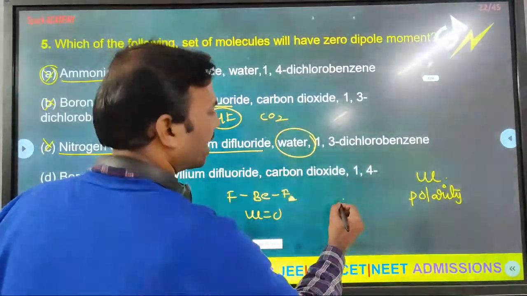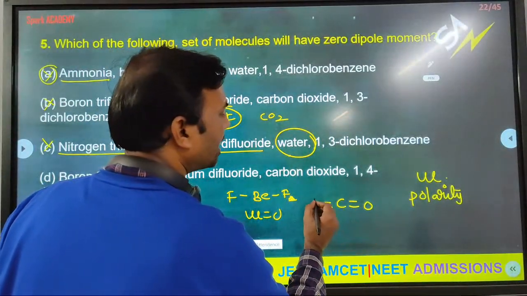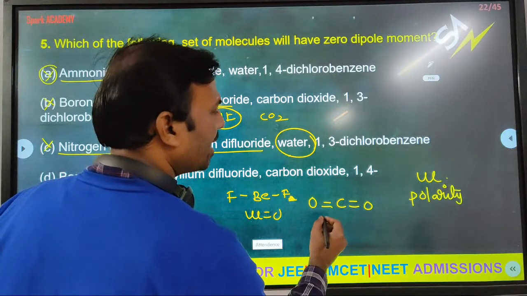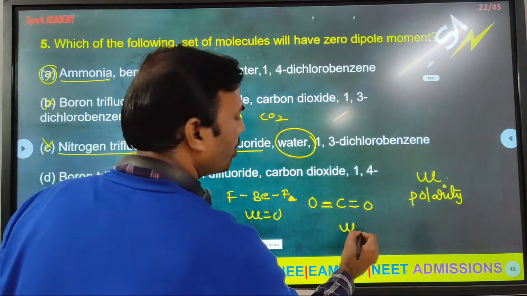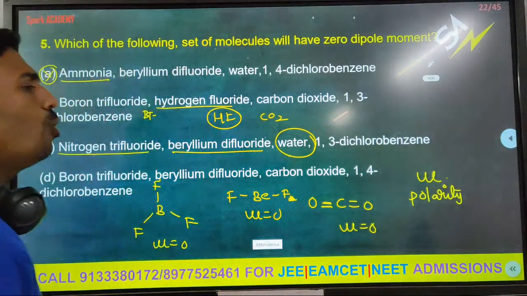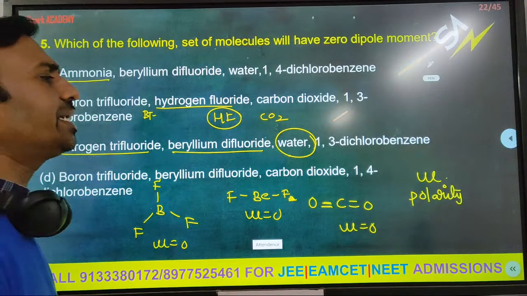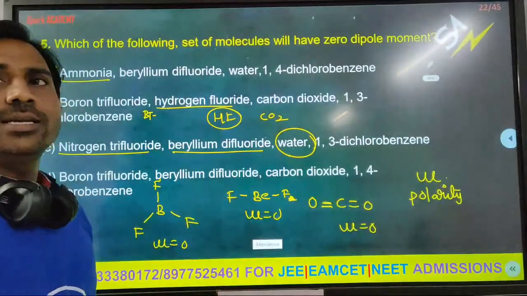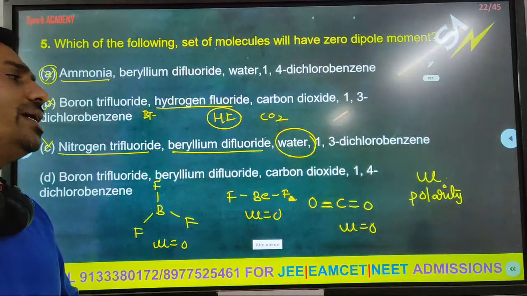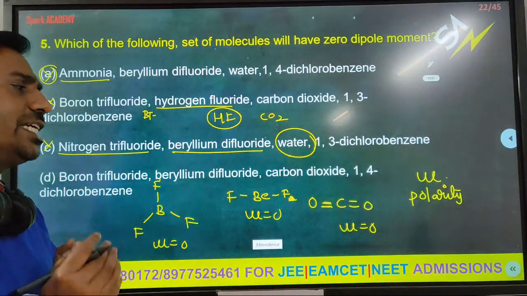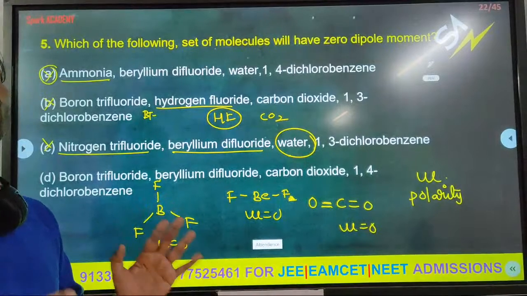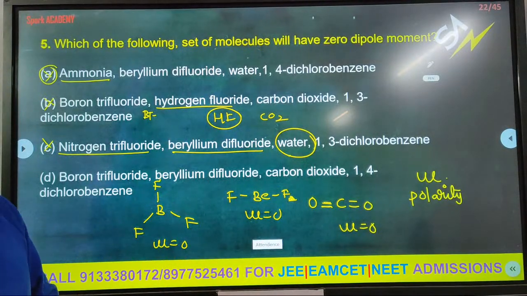Carbon dioxide shape is linear, so it has a plane of symmetry, and mu is equal to 0. 1,4-dichlorobenzene is also a symmetrical molecule. When the molecule has symmetrical geometry or a plane of symmetry, mu is equal to 0 because they do not have any dipole moment.